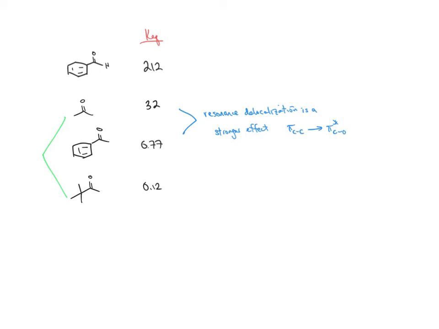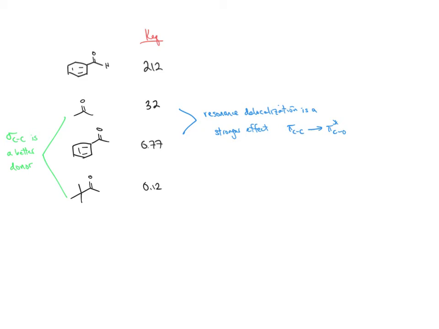So in the case of tert-butyl methyl ketone, there's better sigma donation, right? So sigma CC is a better donor. Right, so sigma CC is a better donor than a sigma CH due to better orbital overlap, right?